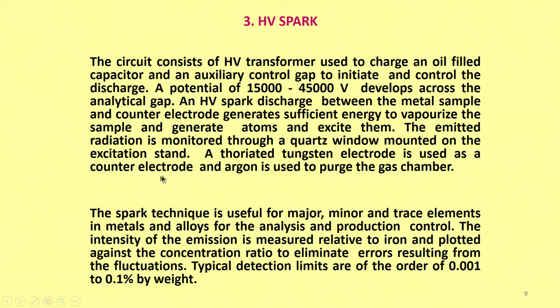Best way is to heat it quickly to very high temperature, that is done by HV spark. So, for production purposes, whenever there is a requirement of quick analysis, high voltage spark is the method of choice. It is not necessarily meant only for analysis, but also for quick quality control.